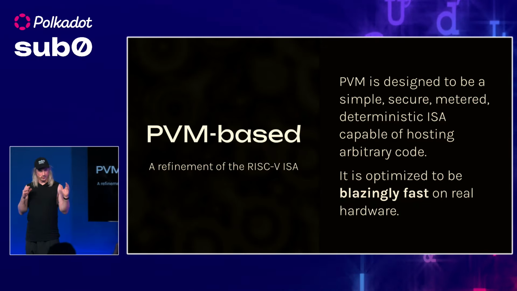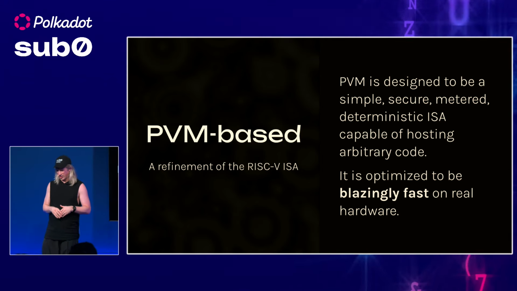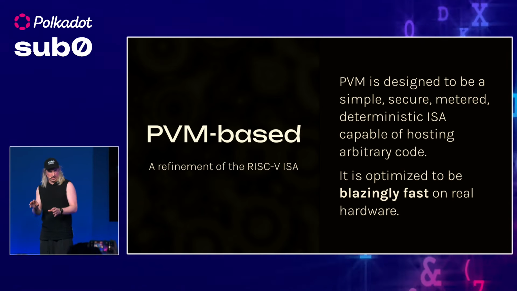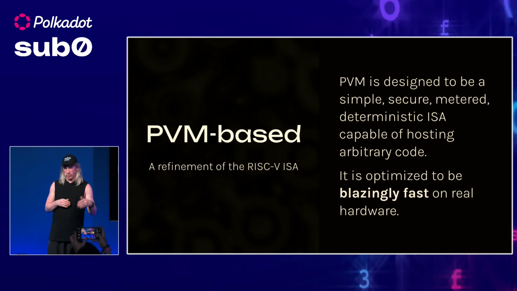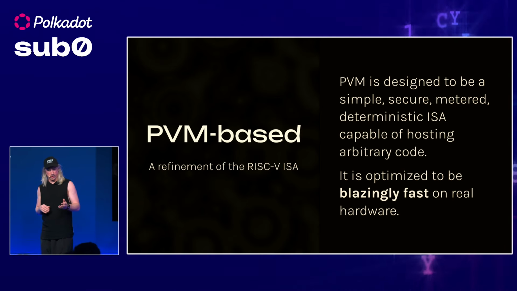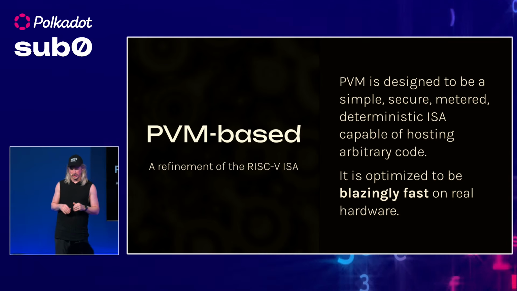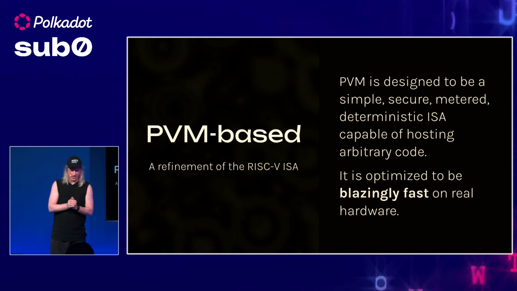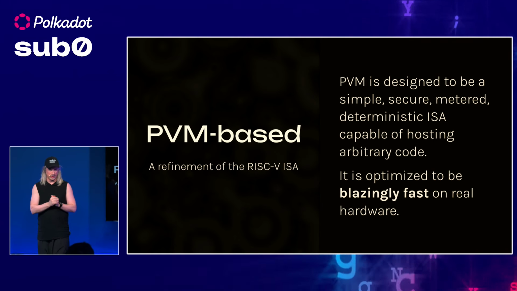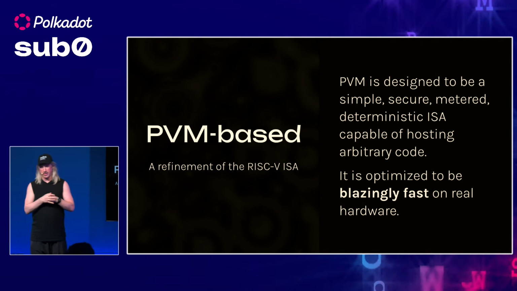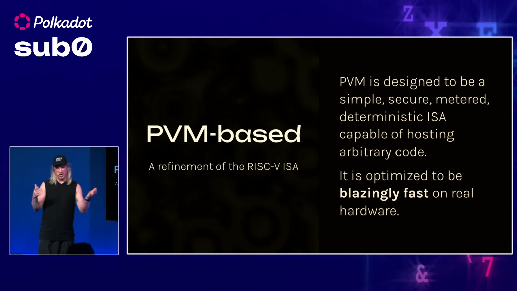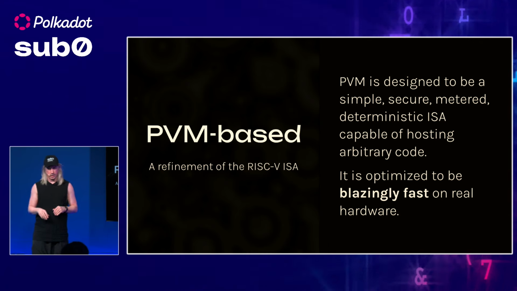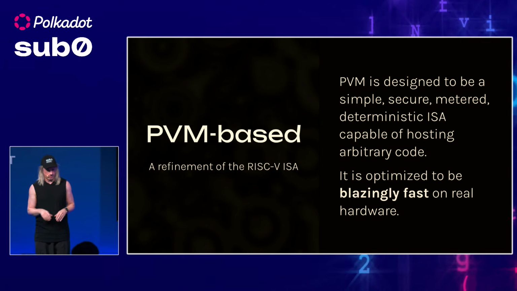PVM based, PokerVM, or it's actually morphed a little bit. So for those of you who read the forums, you may already have heard of the PokerVM. It's a Parity guy, Jan, who has implemented a RISC-V transpiler, basically. With some modifications that make it go really very, very fast indeed.